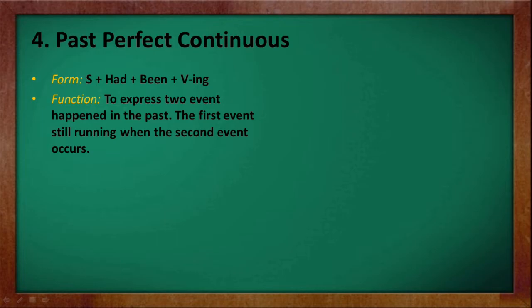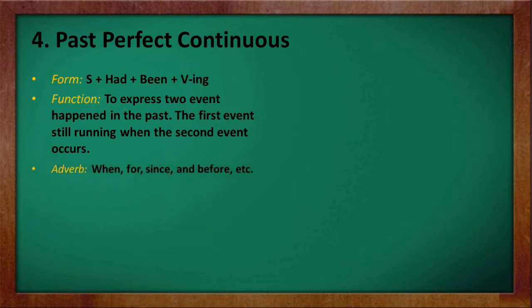This seems like past perfect. There are two events, but the difference of these tenses is the first event still running. It is different with past perfect. Past perfect, the first event has stopped when the second event happened.